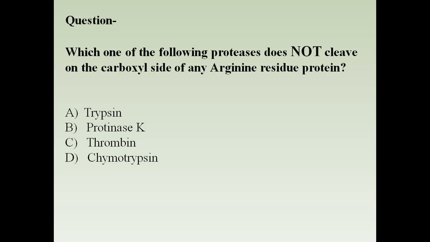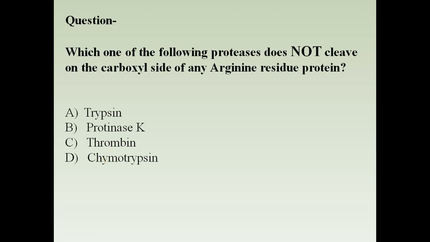The question is, which one of the following proteases does not cleave on the carboxyl side of any arginine residue in a protein? You need to know from the table that trypsin, proteinase K, thrombin and chymotrypsin are the options. So the correct answer is D, which is chymotrypsin, and I am going to explain how.